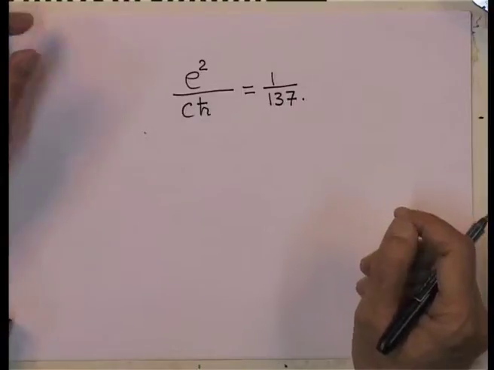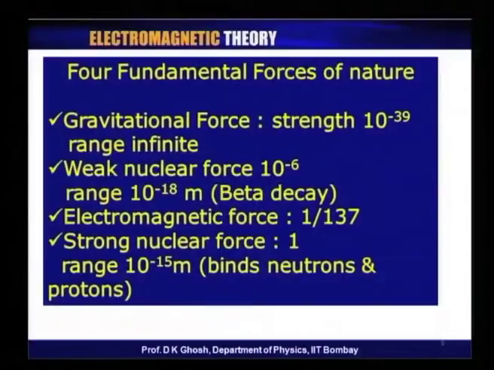But the strongest of them all is what is known as the strong nuclear force. You all know that inside a nucleus there are protons and neutrons. Neutrons are neutral objects, whereas protons are positively charged objects.